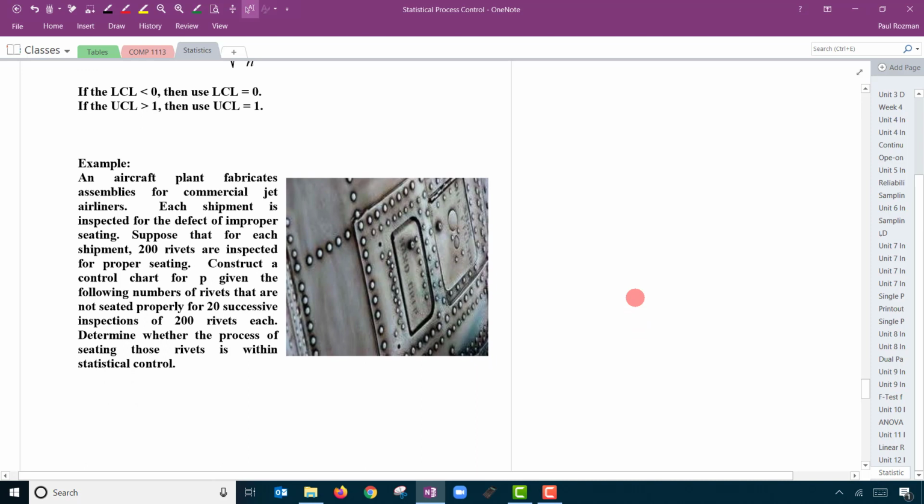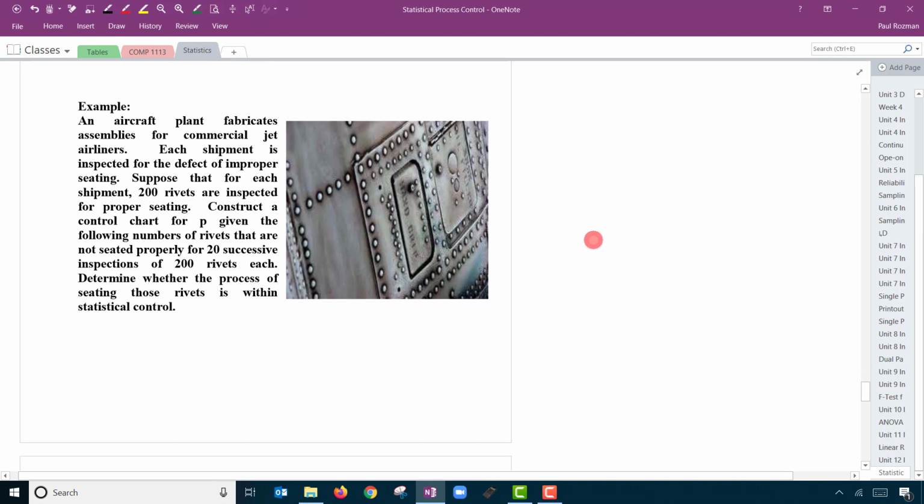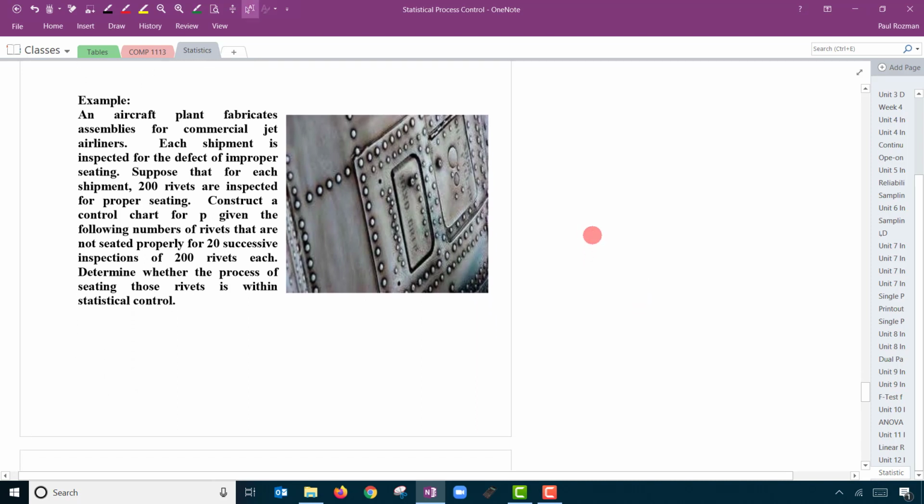Quick little example here. We're going to put rivets into something. You put 10,000 rivets in an airplane or something, and we then inspect 200 of the rivets and evaluate them to see if they're properly seated or not.